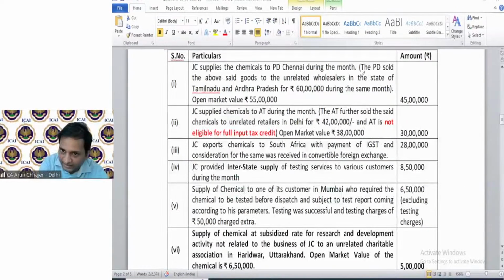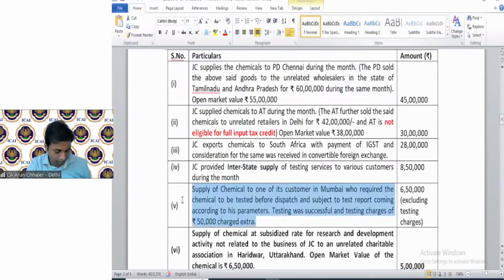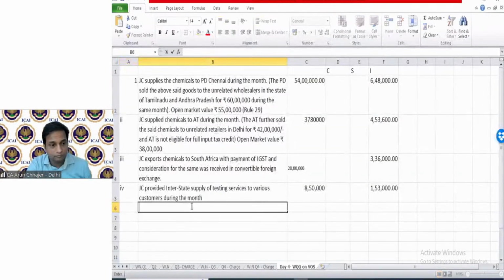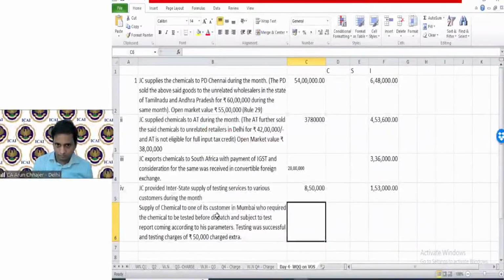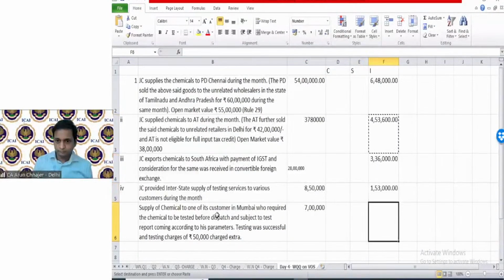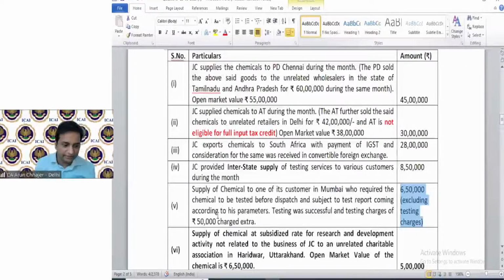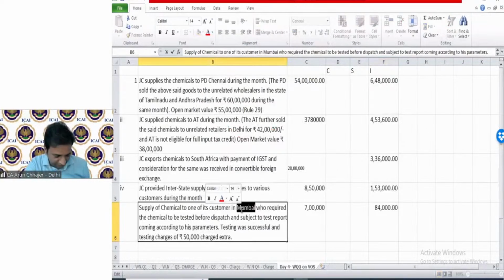So it is interstate, correct? 7 lakh or it is 84,000 right now. Interstate, correct? It is Mumbai. So I am creating that transaction.